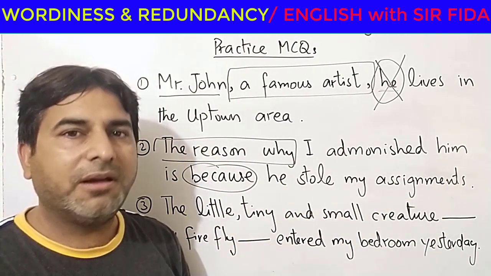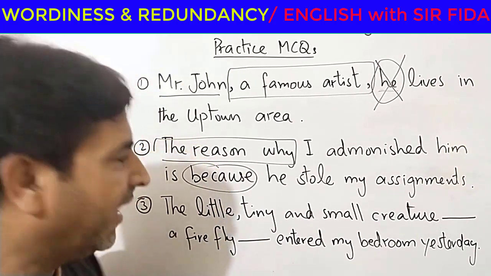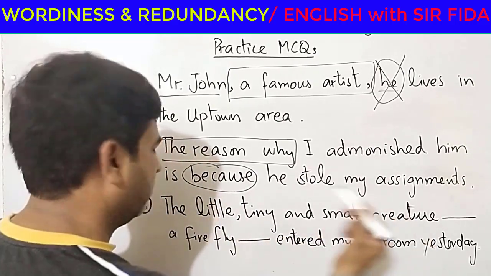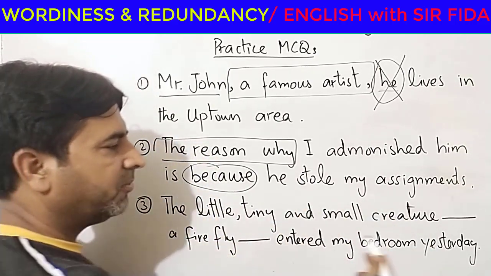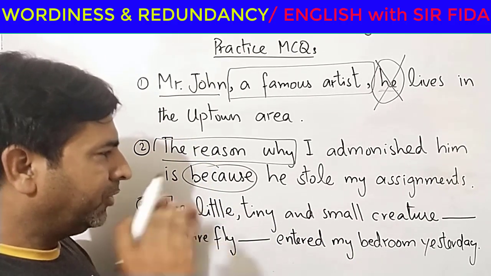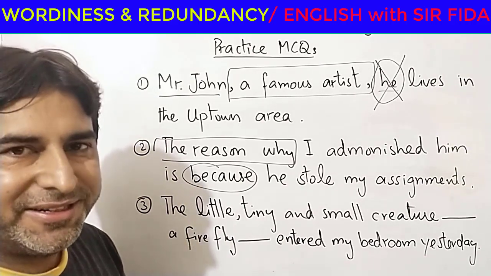I hope you have got the idea of what is redundancy and what is redundant style. Last but not the least: the little tiny and small creature, a firefly, entered my bedroom yesterday. It's good news, but what is the error and how is it identified?